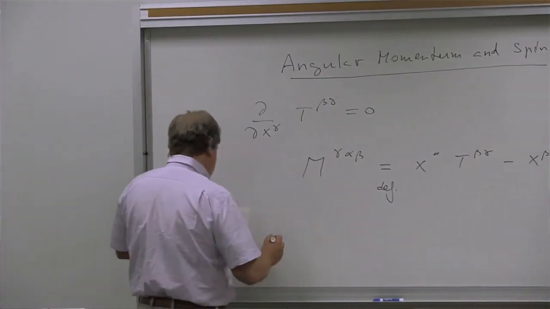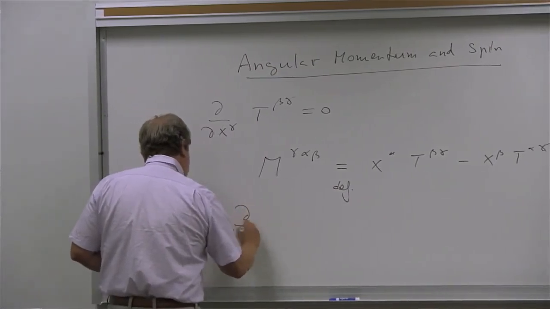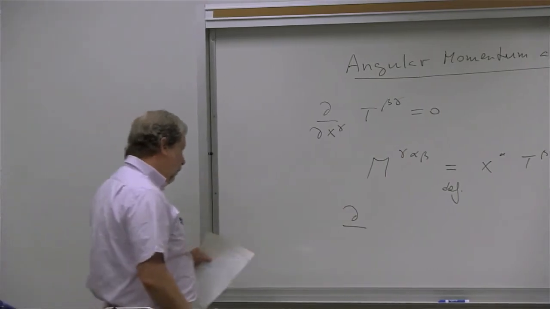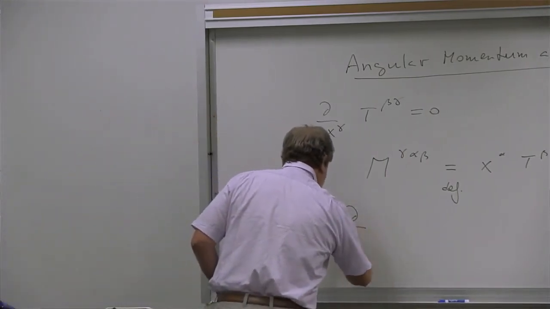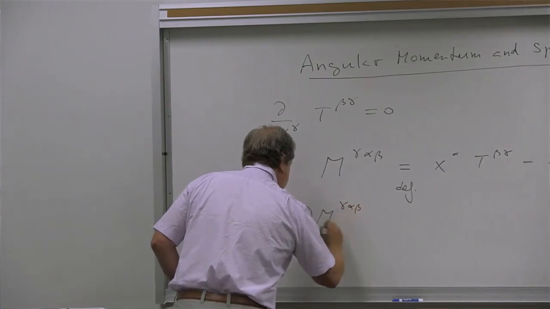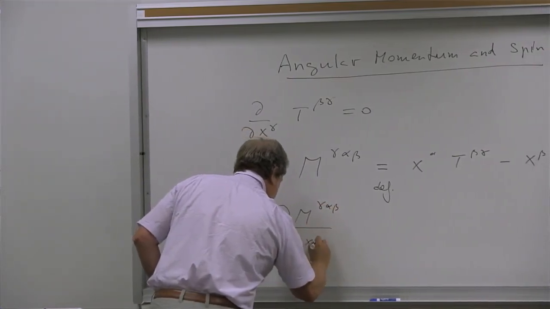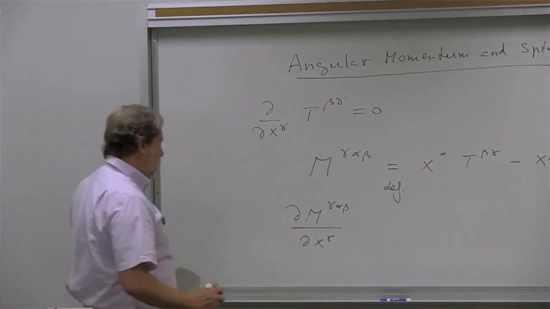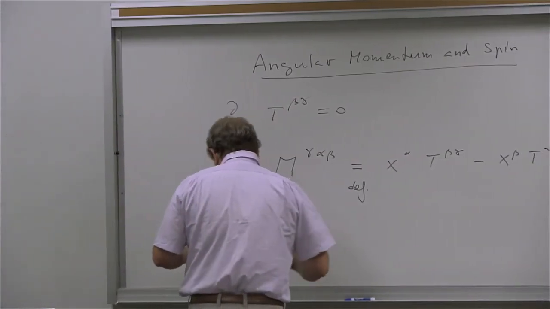And now what we discover immediately is that if we take the derivative of this thing with respect to x gamma, so if we calculate dM gamma alpha beta with respect to x gamma, then we get the following expression.